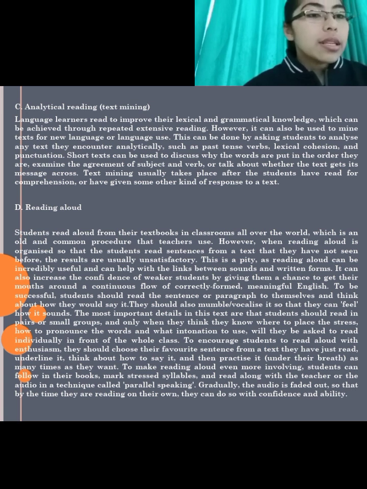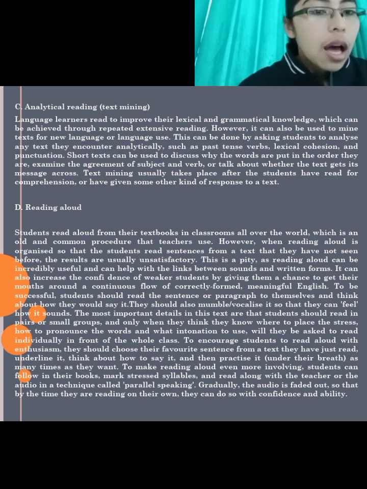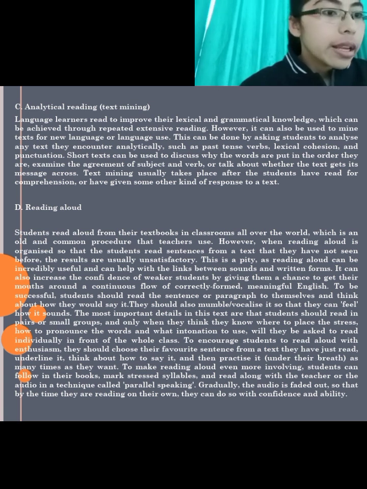To encourage students to read aloud with enthusiasm, they should choose their favorite sentence from the text they have just read, underline it, think about how to say it, and then practice it under their breath as many times as they want.